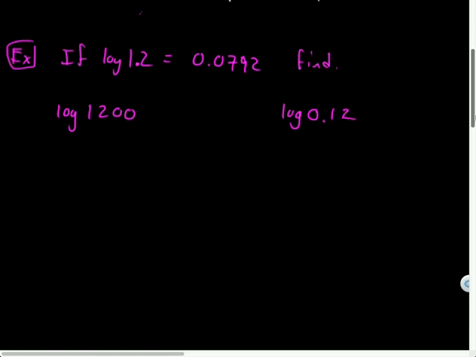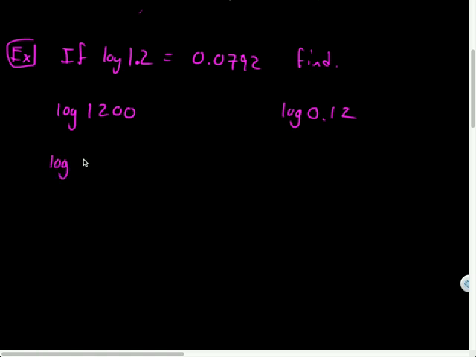Let's start with that. So just like we were doing some manipulation of numbers with previous examples, it turns out that knowing this fact, I'm able to translate it into some other ones. In this case, what I'm going to do is write these in terms of scientific notation.